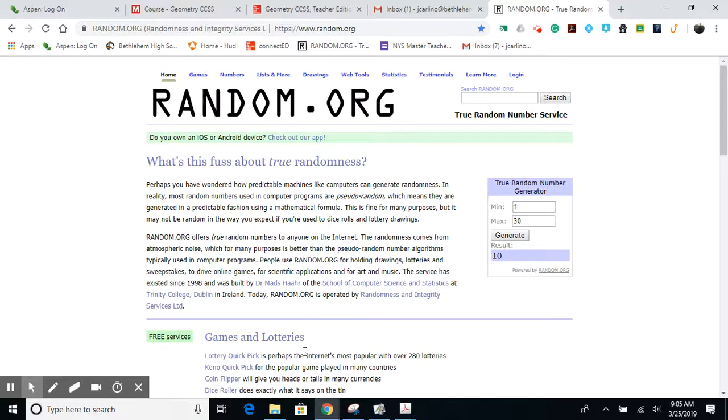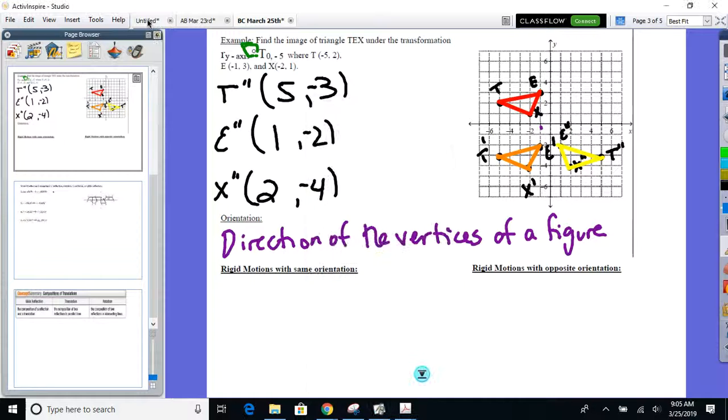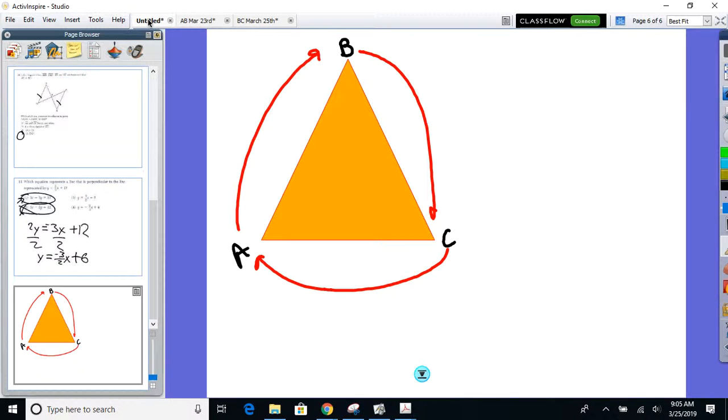If I translated this triangle that I had up here and went ABC again, would it still be going clockwise? So if I slide this figure up, down, left, and right, anywhere I want, and then did ABC again, would they still be going clockwise? Yes, they would.